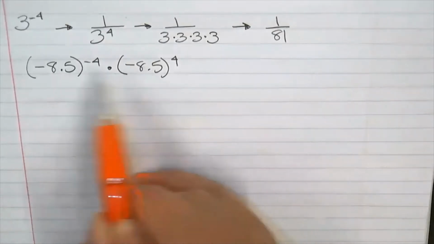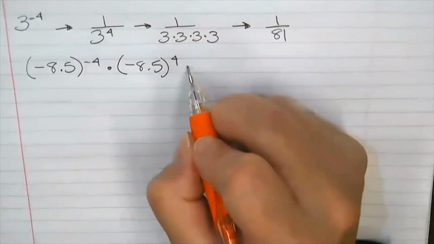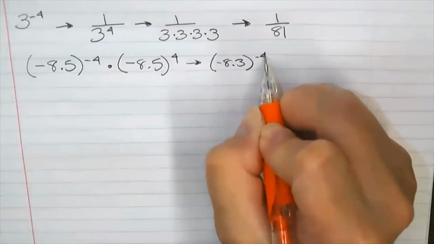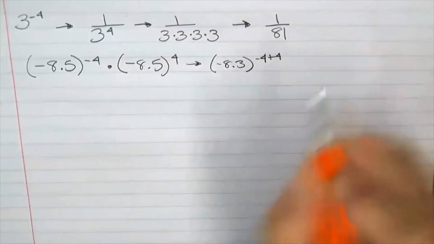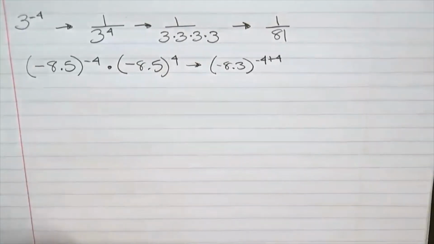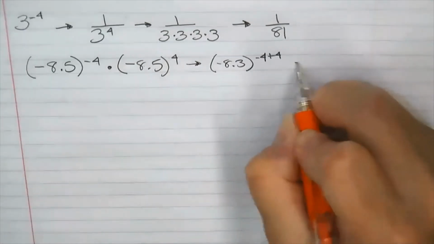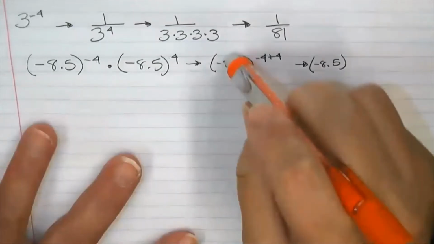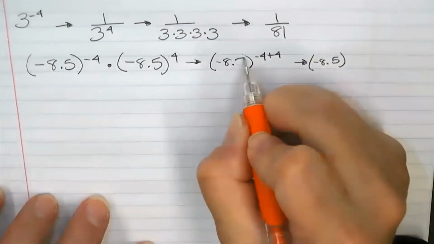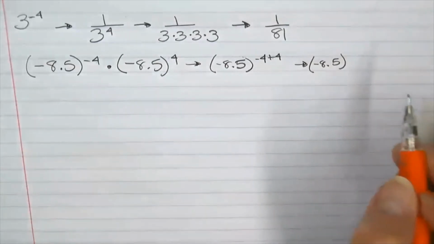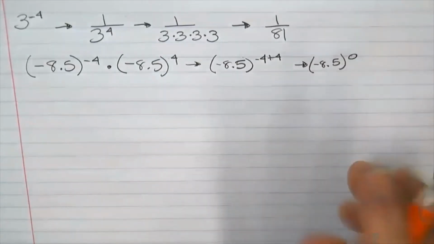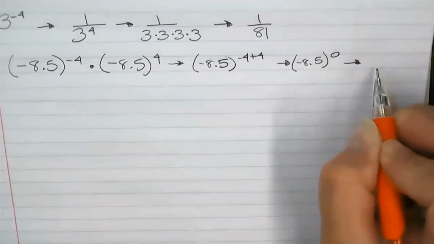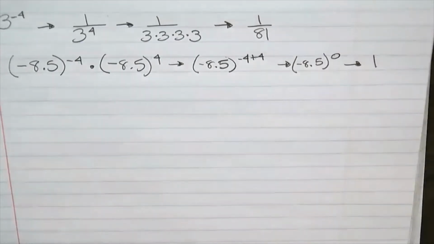It's a multiplication problem, so I am going to add my exponents. Negative 4 plus 4 is 0, and anything to the 0 power is 1.